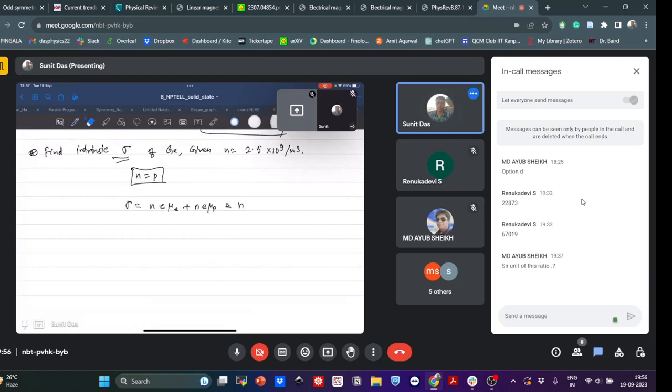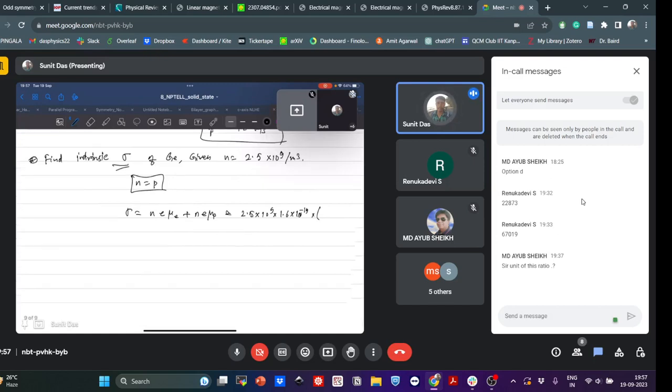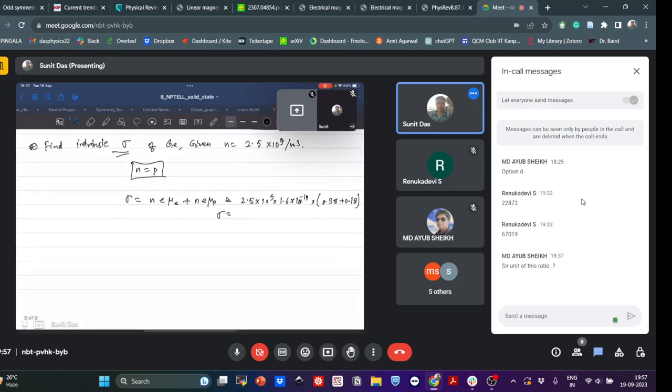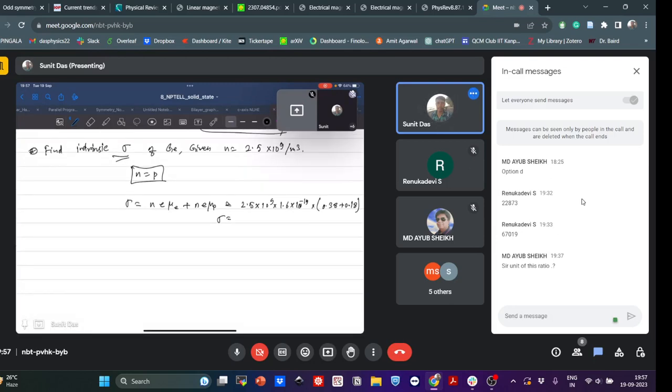So n is given as 2.5 into 10 to the power 9 into 1.6 into 10 to the power minus 19 into mu electron, which is 0.38, plus 1.8, right? So this will be 2.24 ohm inverse meter inverse. So this will be the intrinsic conductivity.